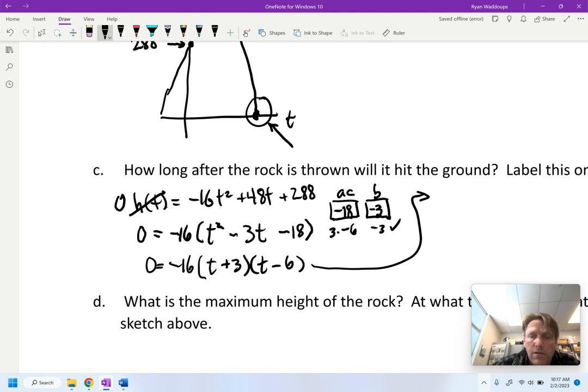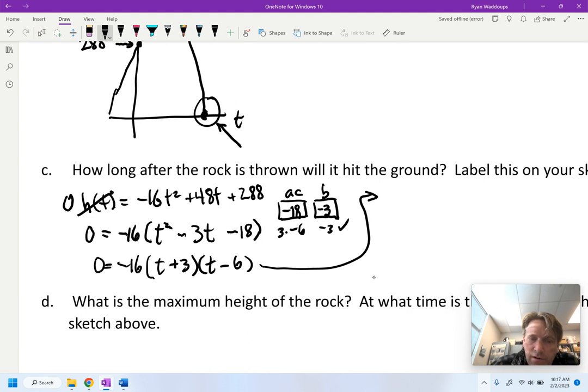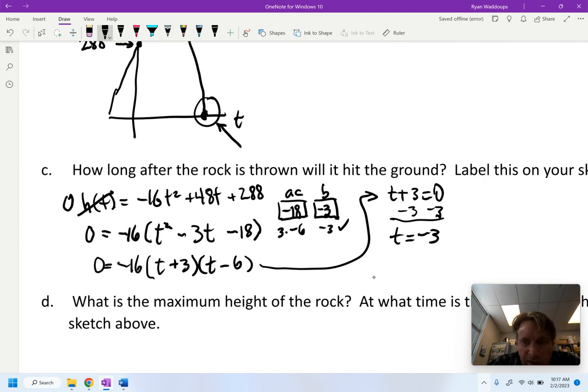Then set each of those factors equal to 0. The ones that can be 0, negative 16, again, we just sort of toss that out. But t plus 3 equals 0. If I subtract 3 from both sides, that gives me t is equal to negative 3. Because it's negative, we don't have a negative time. The time is 0 or positive, but no negative time. So we'll just toss that one out.